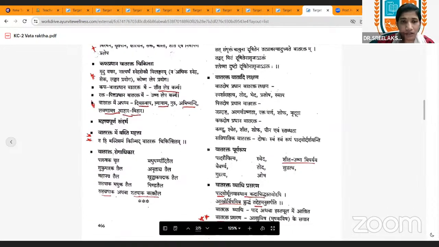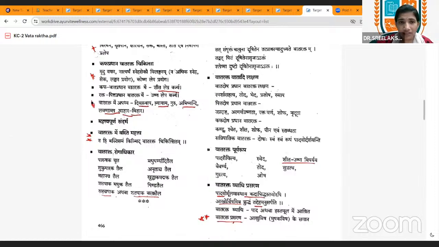And coming to the Kaba Pradhana Vadarakta Chikitsa, mainly Kaba Vada Pradhana Vadarakta, Shida Leba cannot be used because this will increase the vitiation of Kaba and Vada. Okay. Whereas in Rekta and Pitta, Ushna Lebana is Varjya. So in Rekta Pitta Pradhana Vadarakta, we can give Shida Leba. And in Kaba Vada Pradhana, Ushna Leba can be applied.